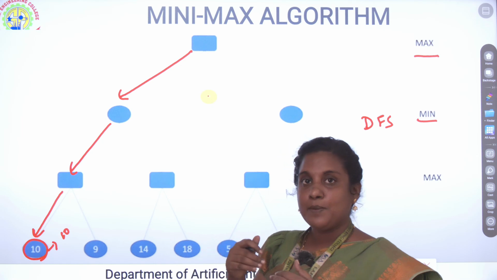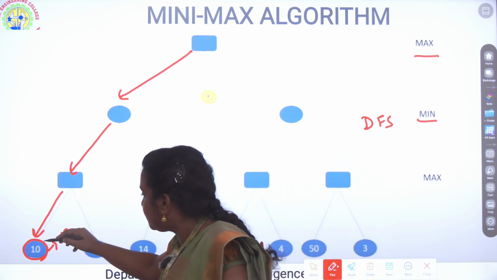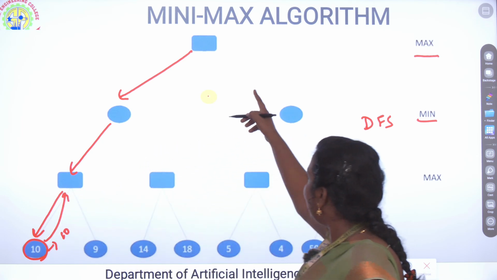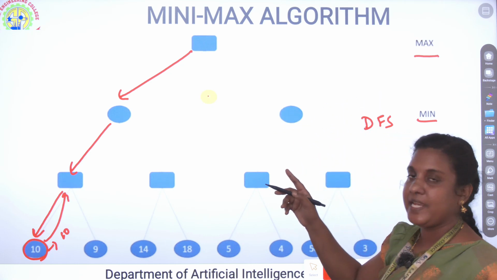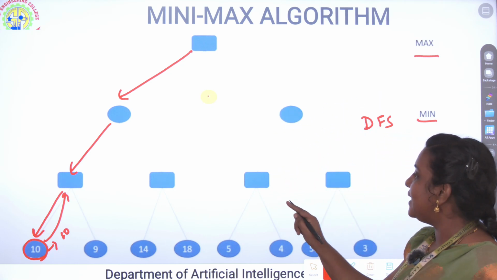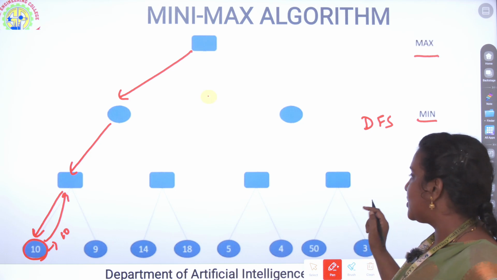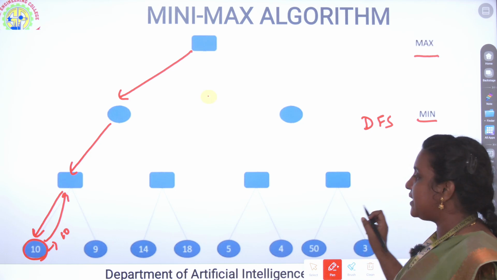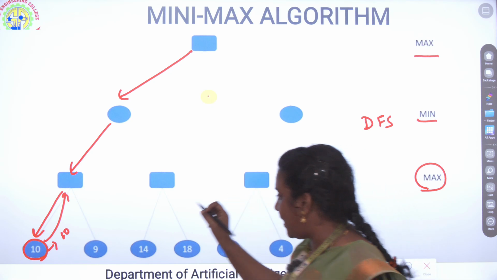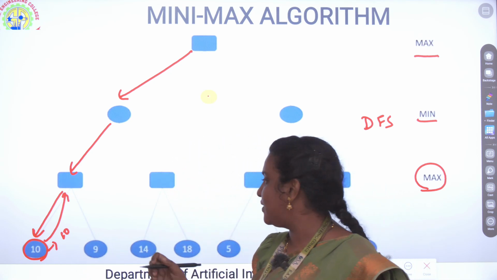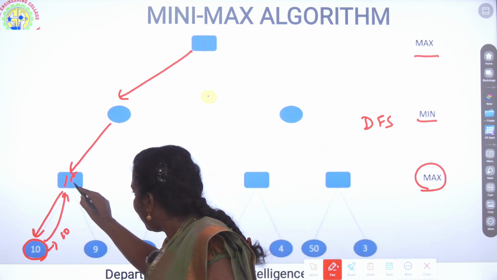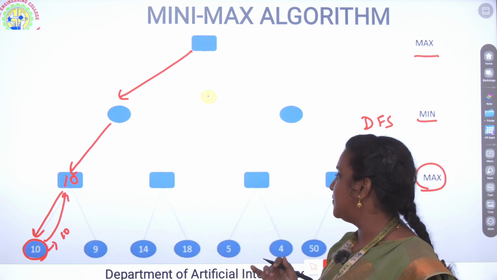This value will be backed up to its parent node. If you see, level 0 has the max player, level 1 the min player, level 2 the max player. If it is a max player, it always chooses the maximum value. Now we will have only one value, so it will back up that value to its parent node.